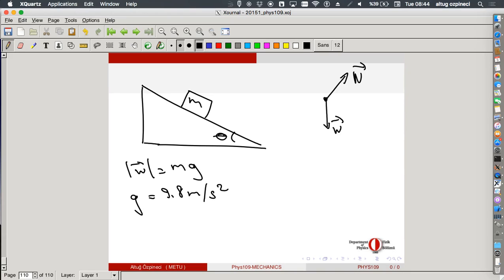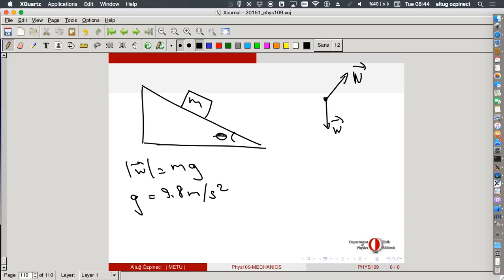Let's call the mass m. And our mass m will exert a force on the surface. Now this force will have a component parallel to the surface, which we will call friction, and we will be studying friction today. And there is another component which is perpendicular to the surface, and that is what we call the normal force. Now, for simplicity to start with, we just assume that there is no friction.